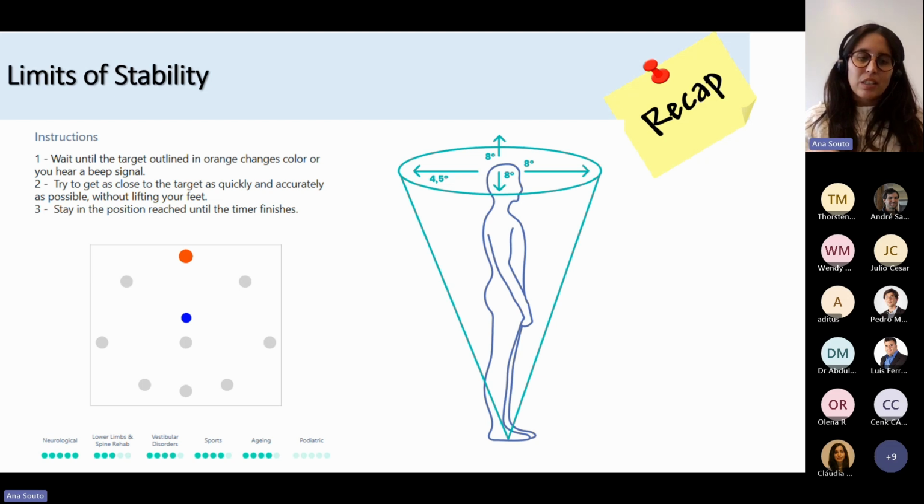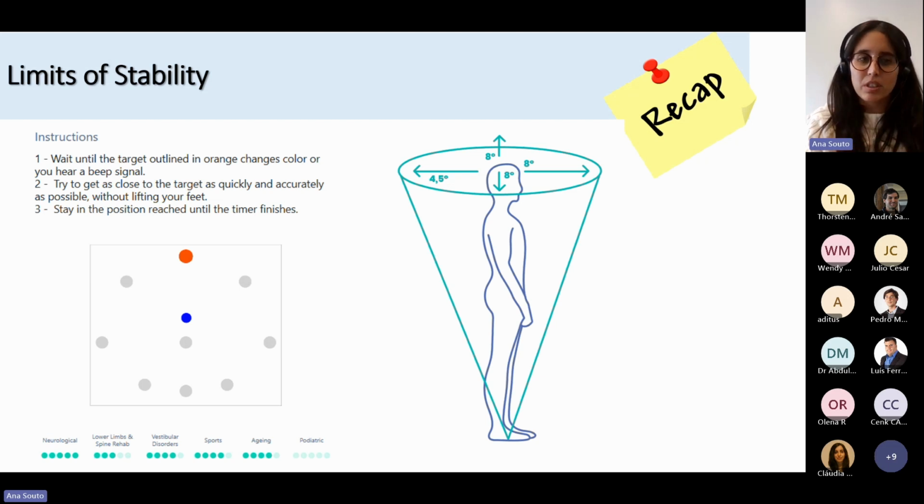After the patient moves his body to reach the target, he has to stay there until the timer ends. It's 8 seconds, and then he has to return to the center and repeat this for every target, so for the 8 targets. Okay, so this is the limits of stability protocol.